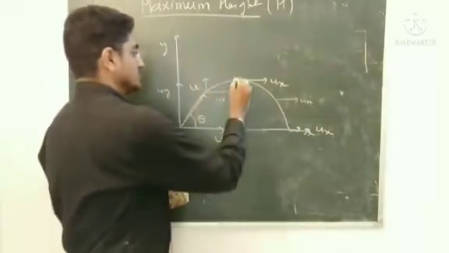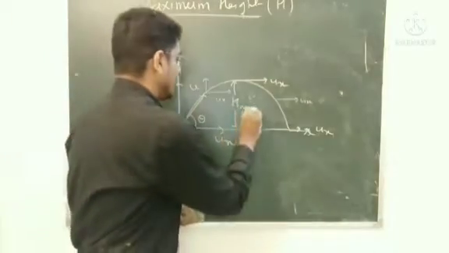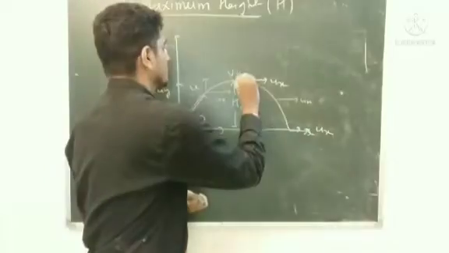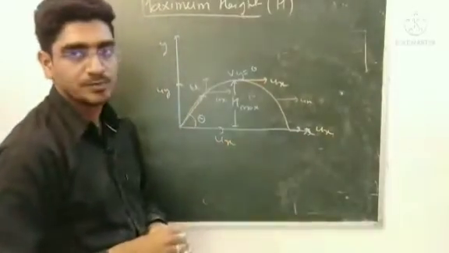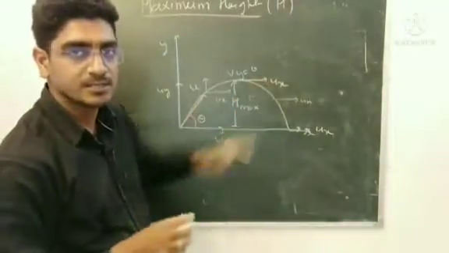At the highest point, that is when h equals h max, this vertical velocity becomes 0, but there only the horizontal velocity exists, right?